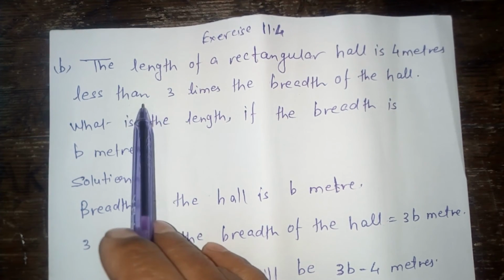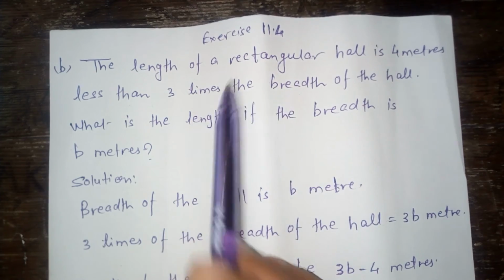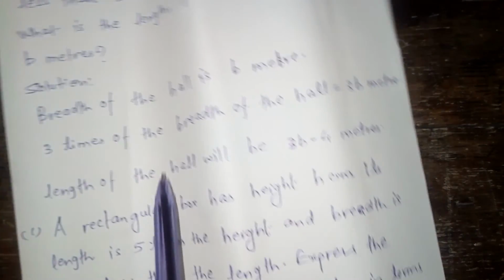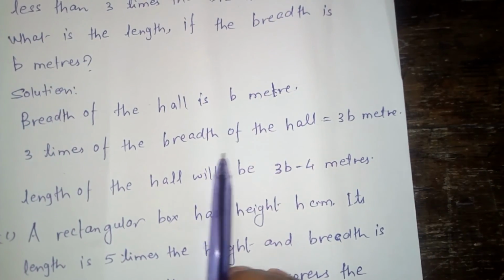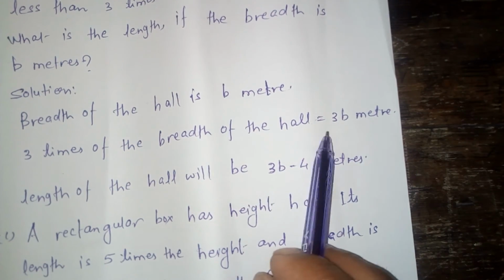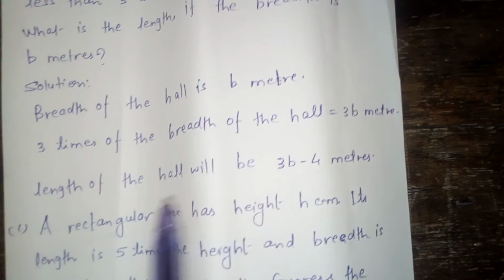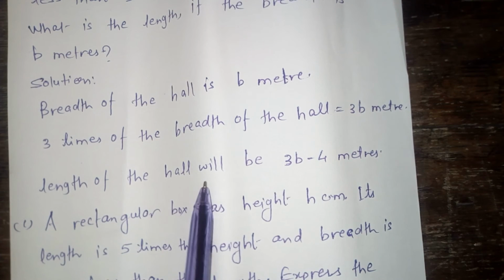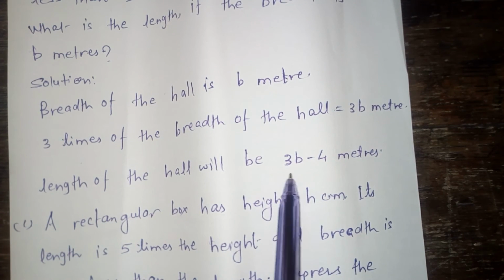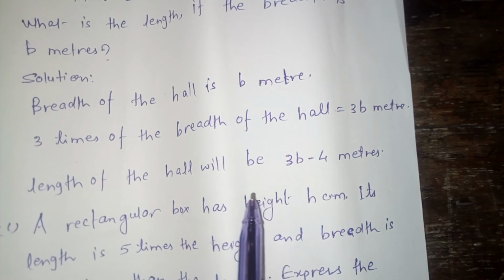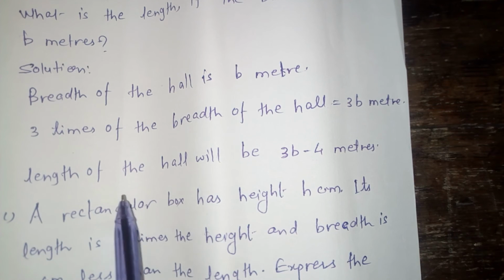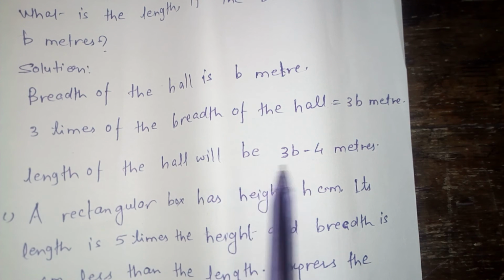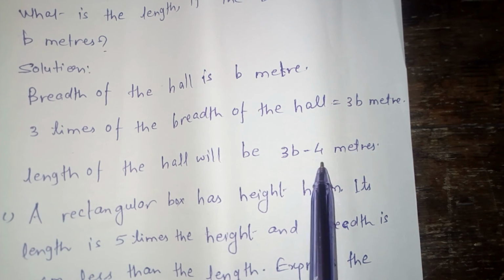So 3 times the breadth of the hall is 3b meters. Then length of the hall will be 3b minus 4 meters.